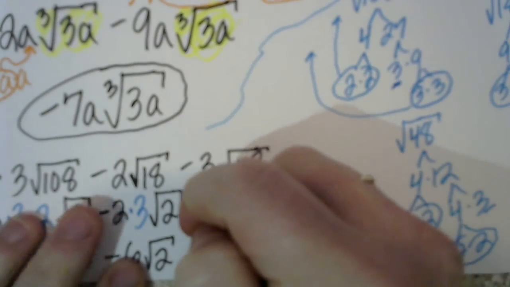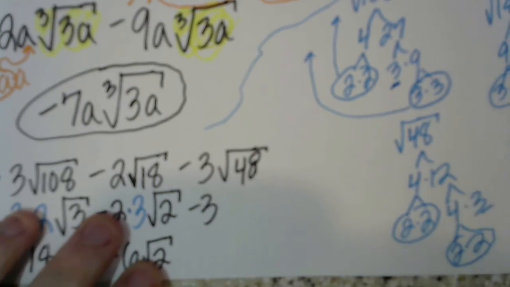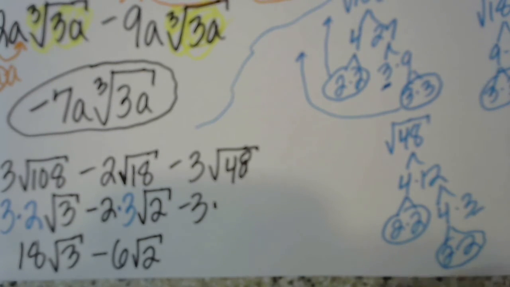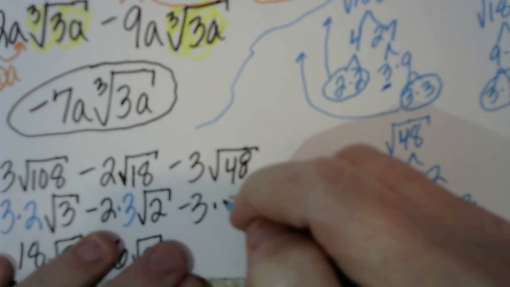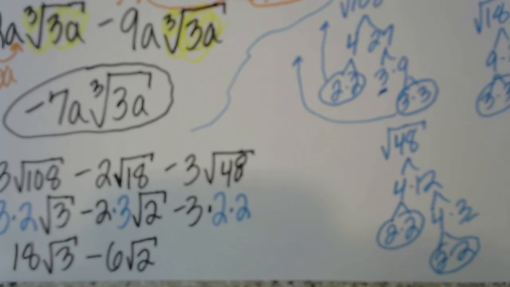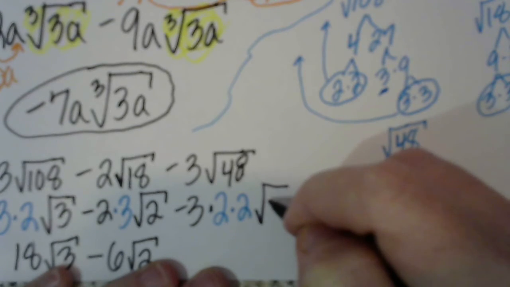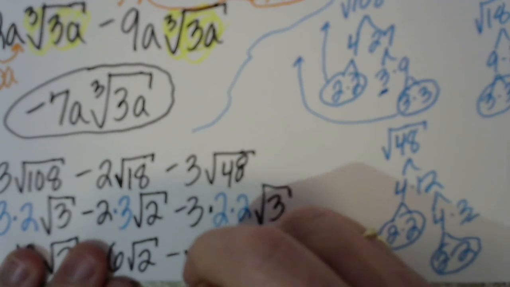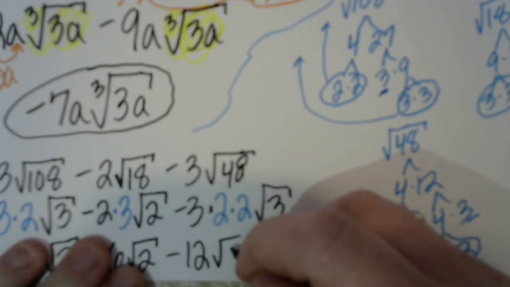So I already have a 3 there. Times both 2's that come out, 2 times 2, and the 3 had to stay on the inside. So that's going to be negative 12 square root of 3.